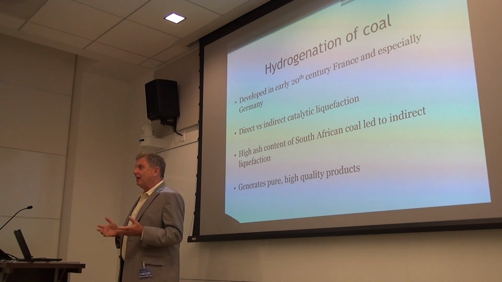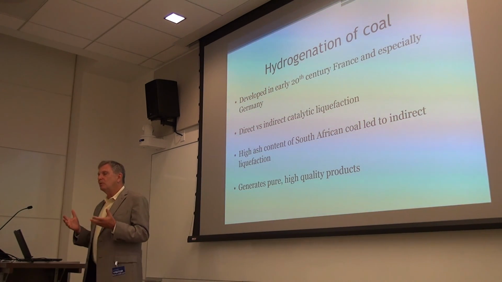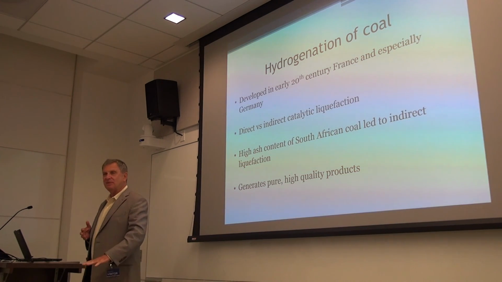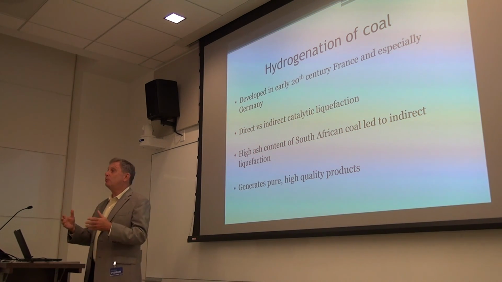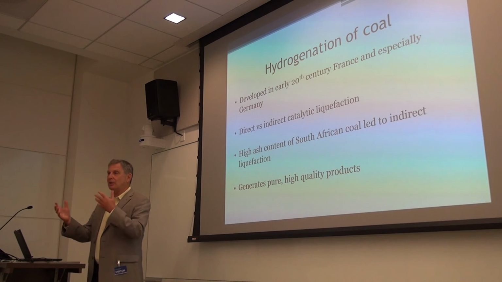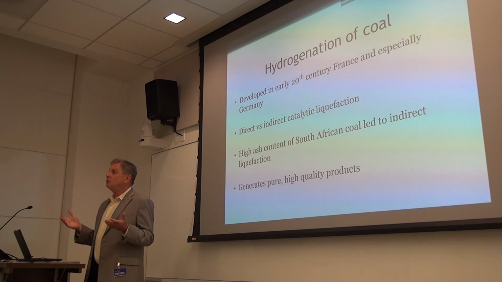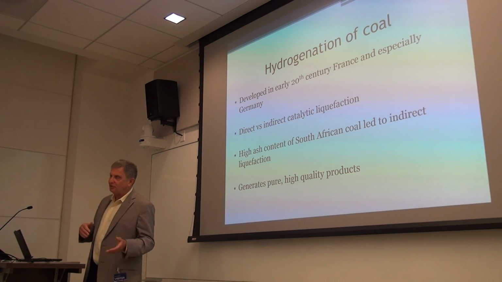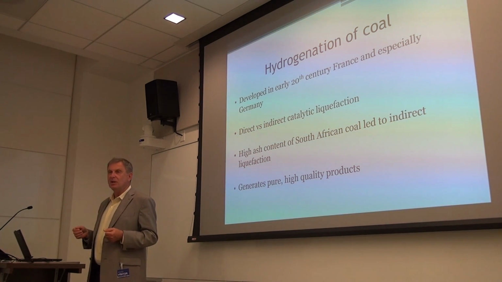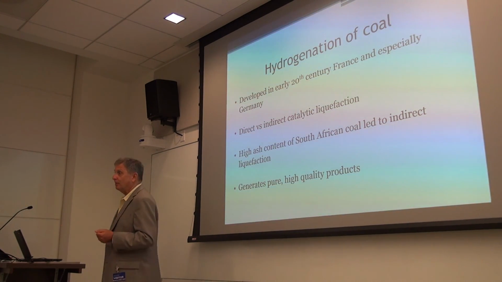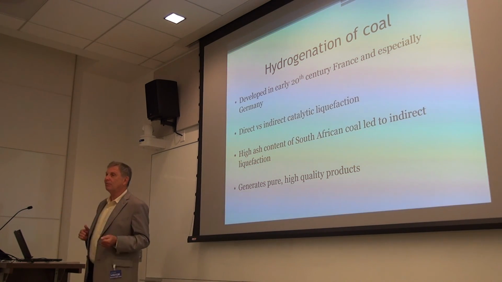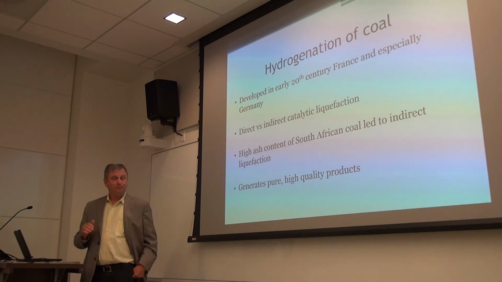But in either event, when you gasify the coal, the ash drops out to the bottom, and what you have are pure hydrocarbon molecules in the gas. Then you can take those molecules and with high pressures and temperatures and catalysts, you can convert those to various petrochemicals, essentially the equivalent of refined products.